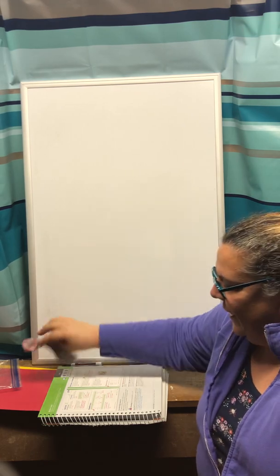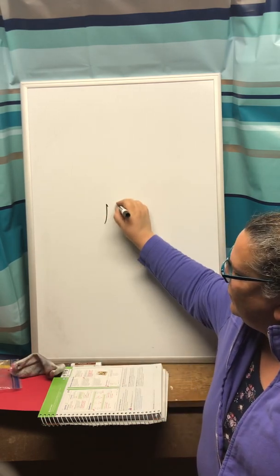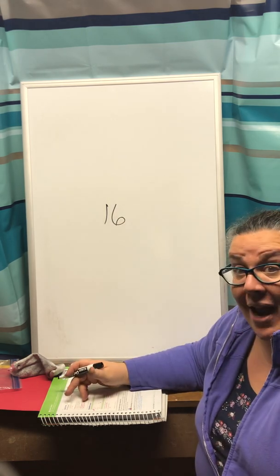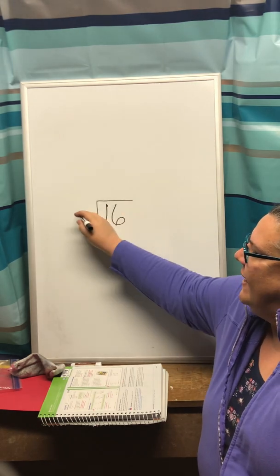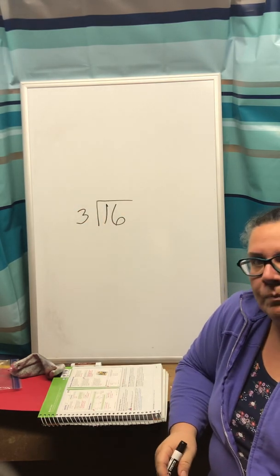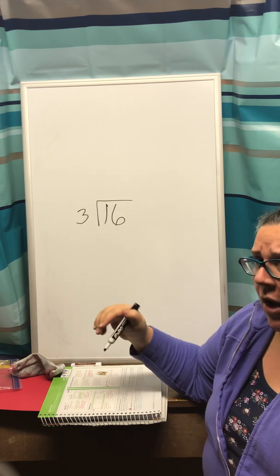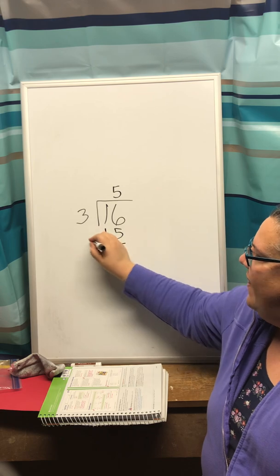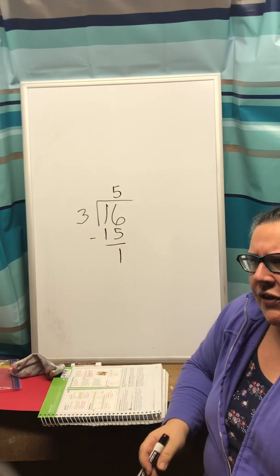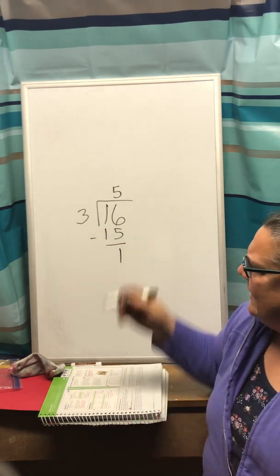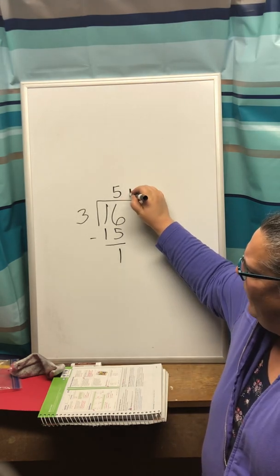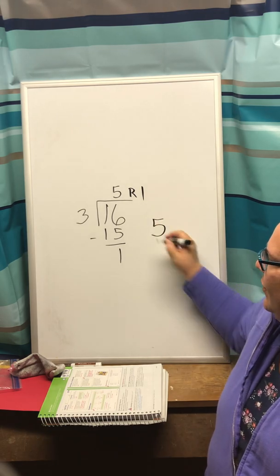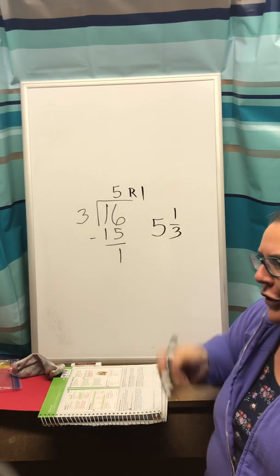If I have 16 posters and we're going to split them between 3 friends, if I did this 16 divided by 3, and I actually do out all the work, I know 3 times 5 is 15, and then I have 1 left. They're saying, why would it be better in this case to say each friend would get 5 and they would have 1 left than me saying each friend would get 5 and 1/3?